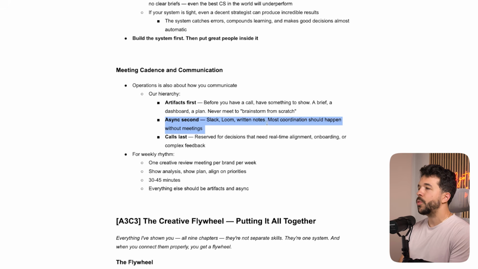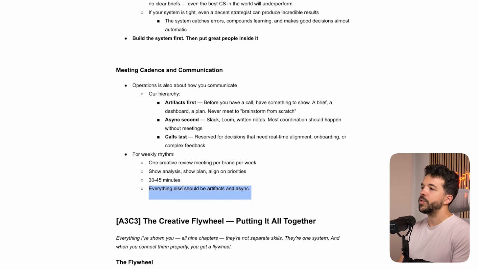If there's any question, written notes, most communication should happen without meetings. And then you have the calls. The calls are reserved for decisions that need real-time alignment, onboarding, or complex feedback. For weekly rhythm, 1 creative review meeting per brand per week if you're running an agency. Show analysis, show plan, align on priorities, 30 to 45 minutes max, and everything should be artifacts and async.